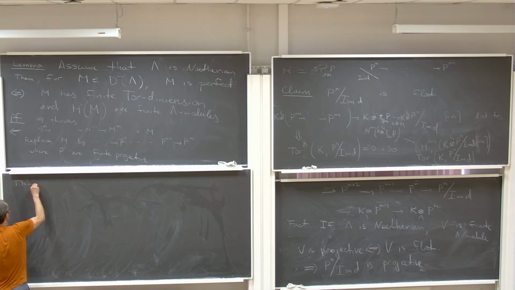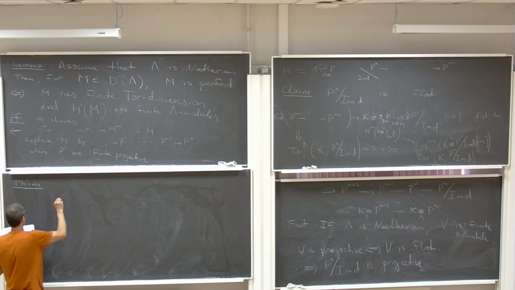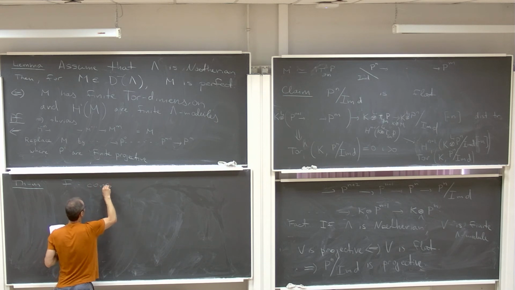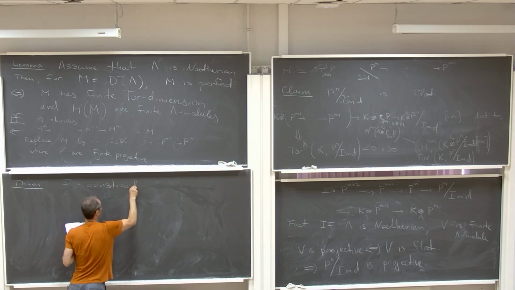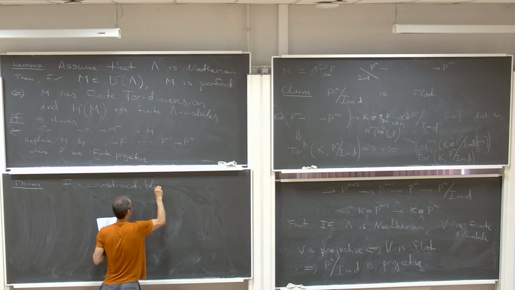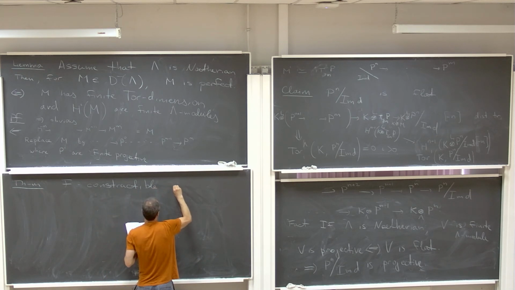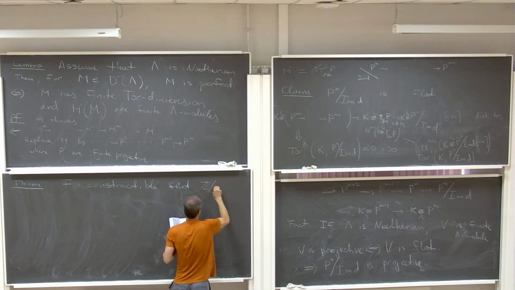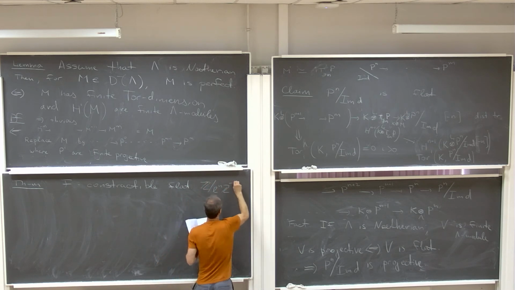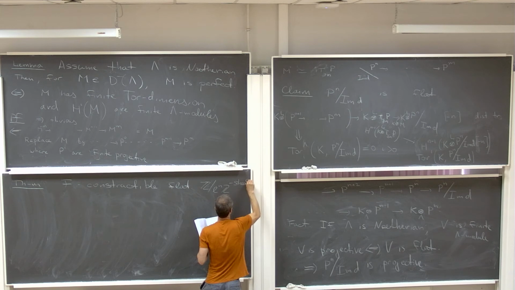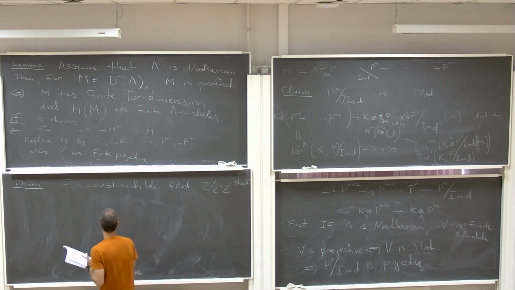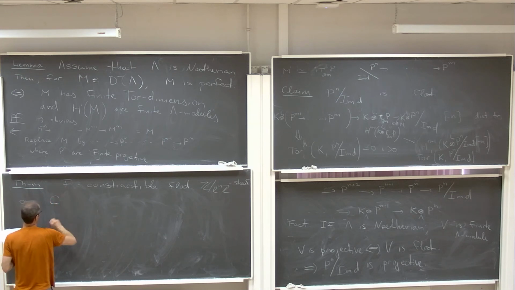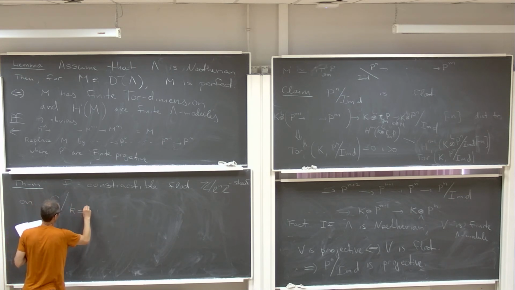Theorem. Suppose I have a constructible flat Z mod L to the n Z sheaf F on a curve C over an algebraically closed field.